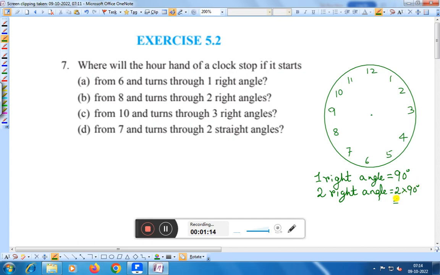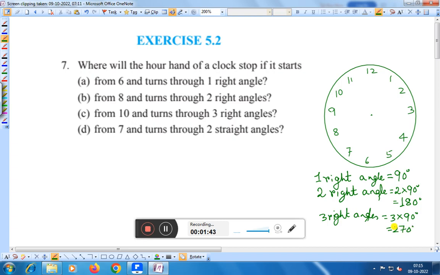And three right angles is equal to 3 into 90 degree equal to 270 degree.